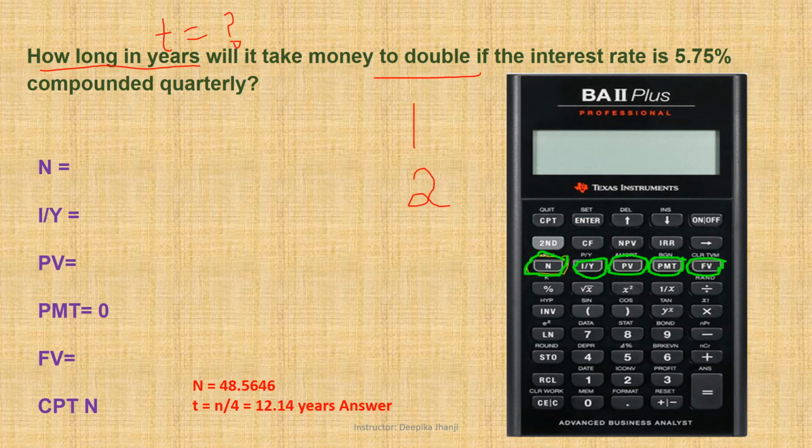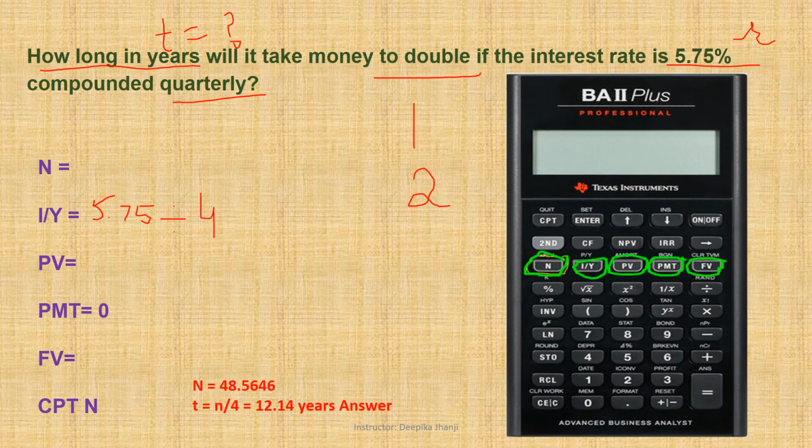Okay. The rate of interest is 5.75% compounded quarterly. Okay. So the rate of interest, which is R, that is related to IY. So we'll input 5.75 divided by the golden word quarterly. So this is divided by M, which is 4. Okay. So let's write down 4 here.